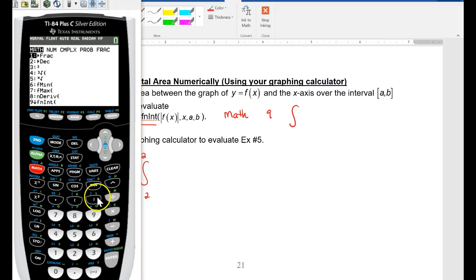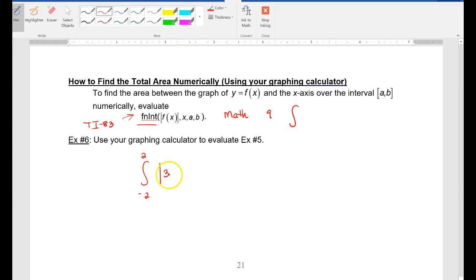So we'll go math 9, -2 to 2, and then we'll go back to the math, go over to number, and we want number 1, absolute value, and then you'll just type in the function 3x squared minus 3 dx. And we get 12 there also. So if you put the whole thing in absolute value, that also has the same effect. So you should get 12.